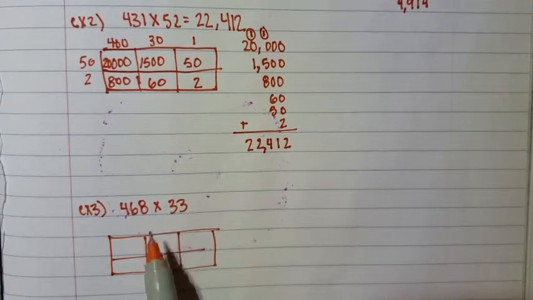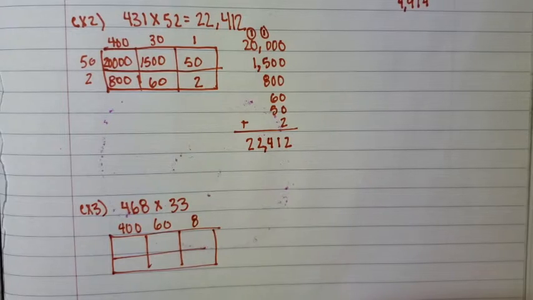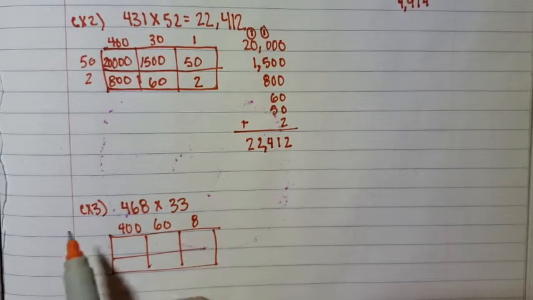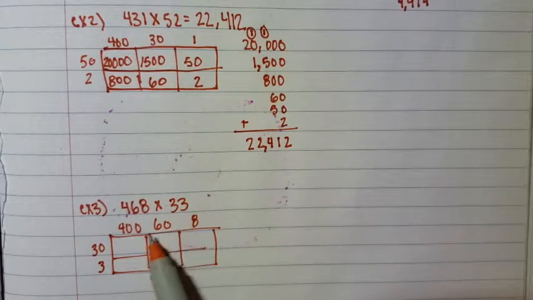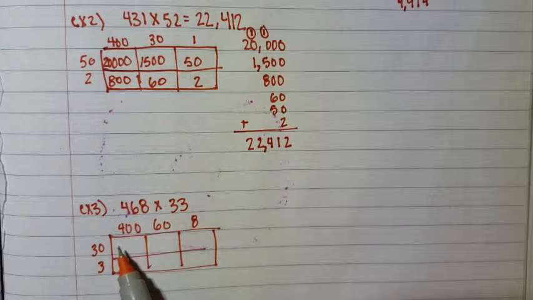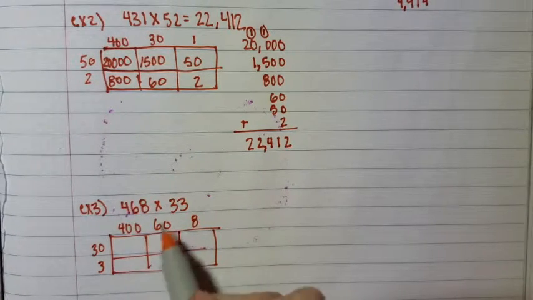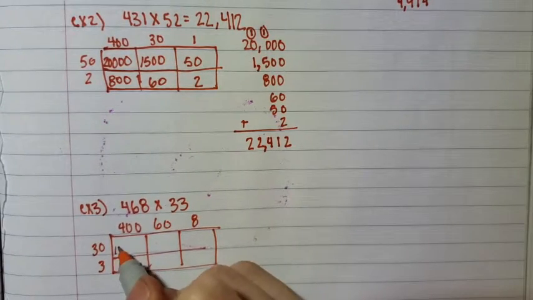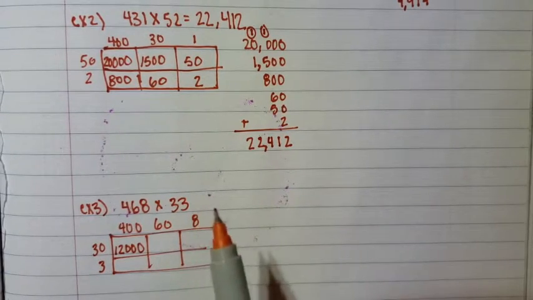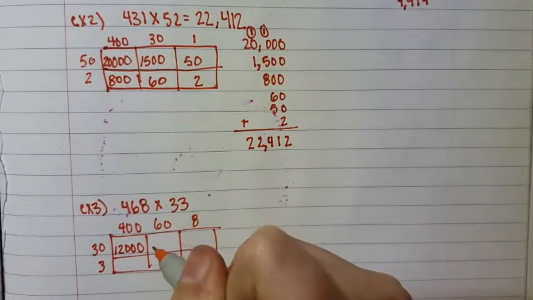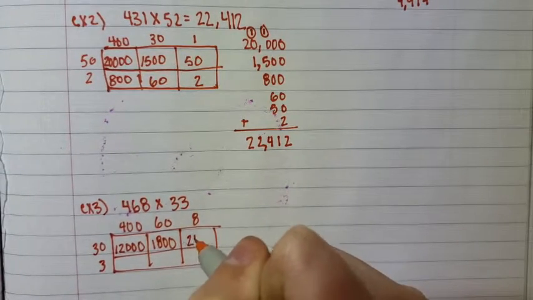And you're going to split up each number into hundreds, tens, and ones. So 400, 60, and 8, and then 30 and 3. And now we're just going to go like we've done on the previous problems, multiply down and across. So 400 times 30 is 12,000, 60 times 30 is 1,800. 8 times 30 is 240.